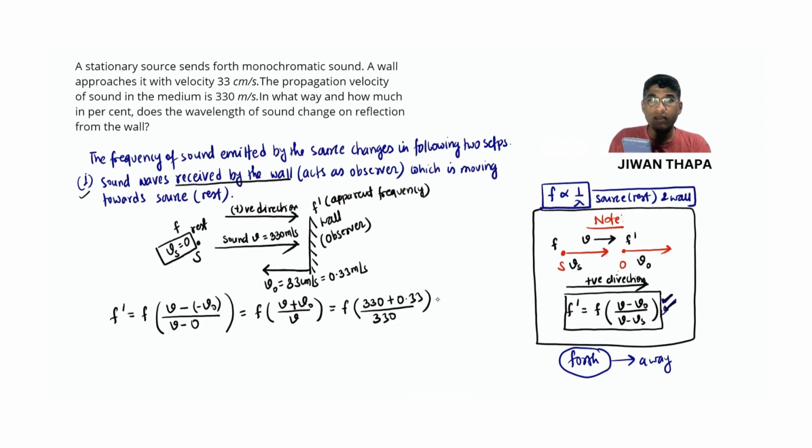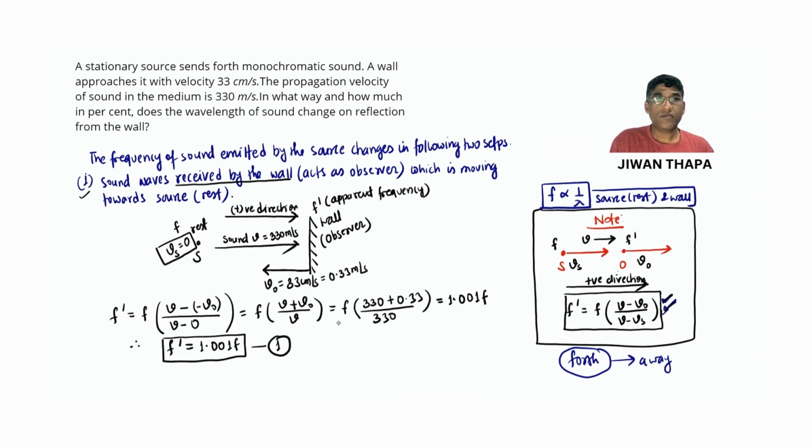We get 1.001 f. Therefore, f dash equals 1.001 f. Let us call it equation 1.